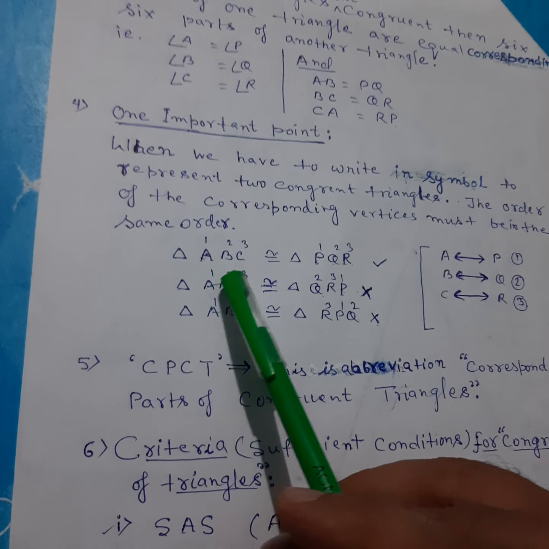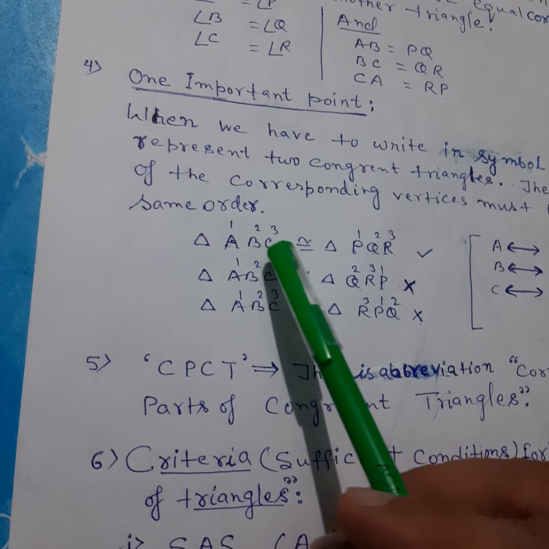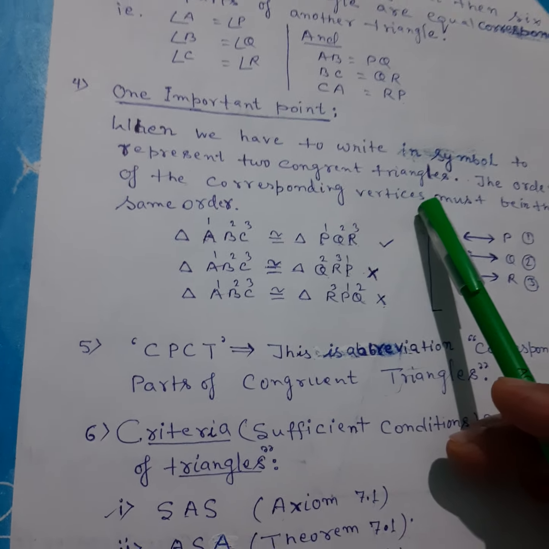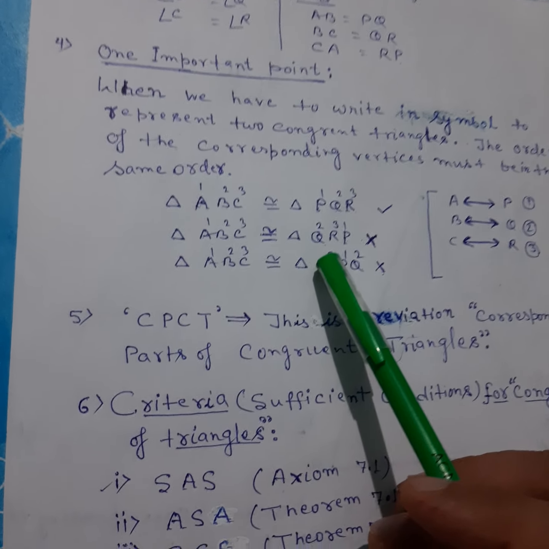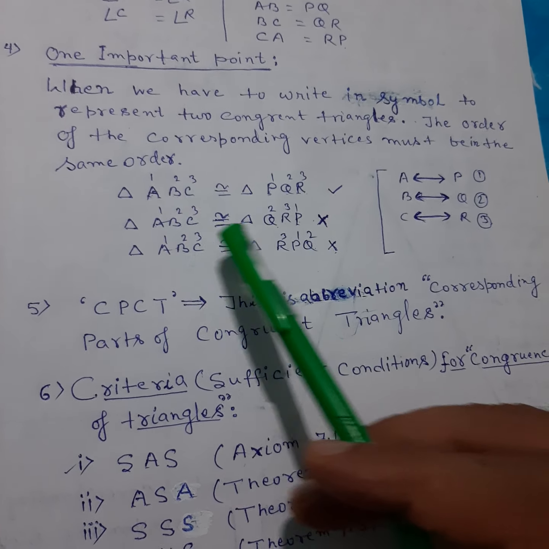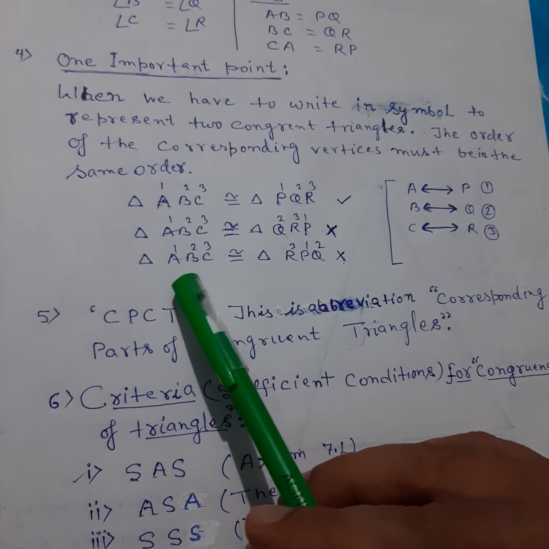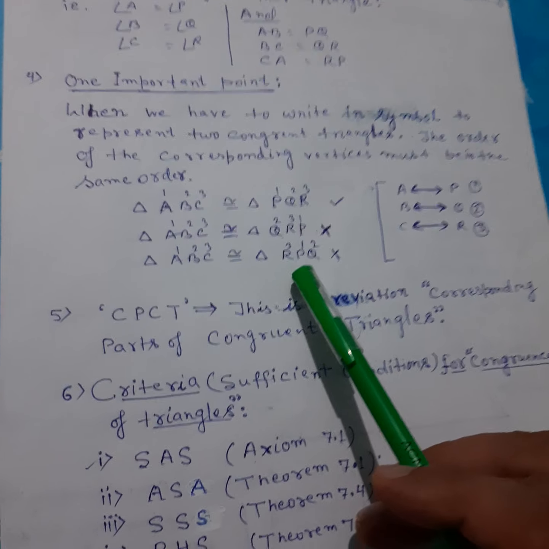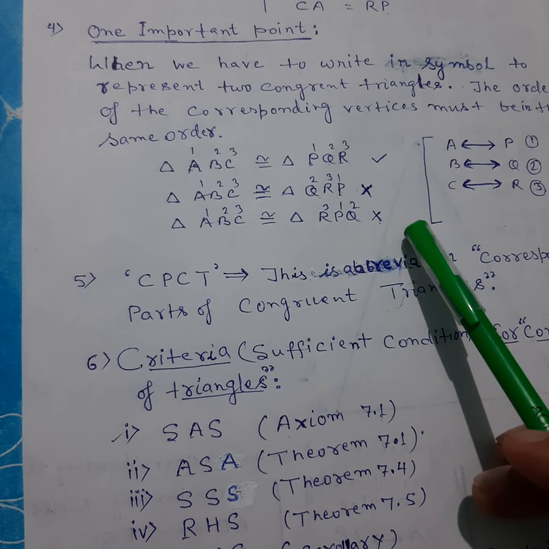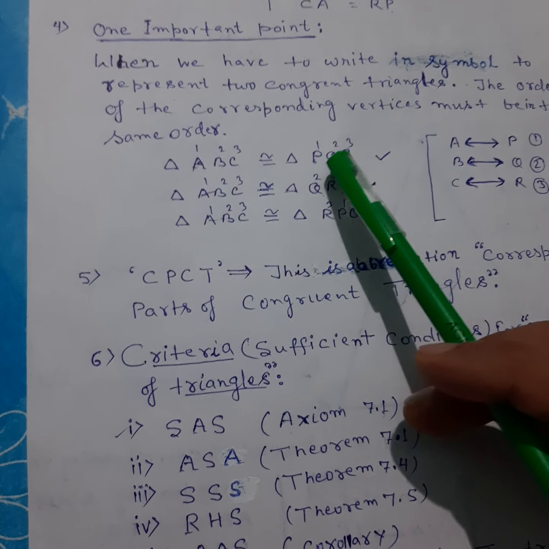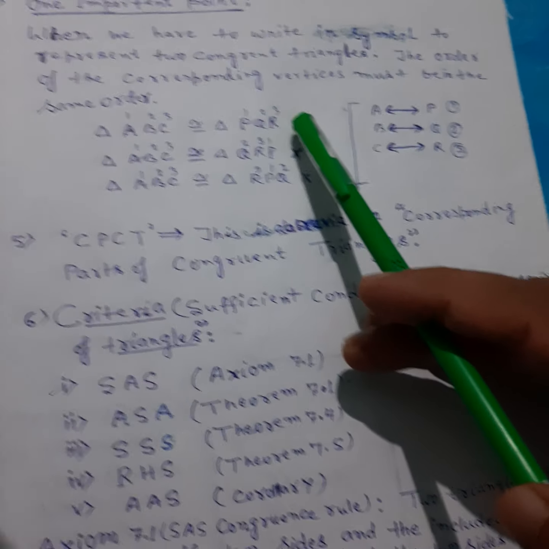Now triangle ABC is congruent to PQR, they have the same roll numbers 1, 2, 3, 1, 2, 3. This is the correct manner. But when we write triangle ABC congruent to triangle QRP, here 1, 2, 3 and here 2, 3, 1, this is wrong. Triangle ABC congruent to triangle RPQ, here 1, 2, 3 and here 3, 1, 2, this is also the wrong manner. Only the first manner is correct. The order of the corresponding vertices must be the same.